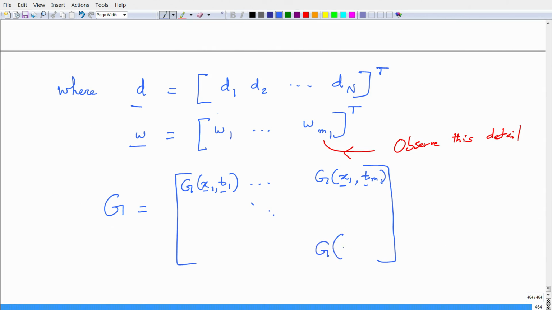So, the last element in this array is G(xn, tm1), and to complete this row I have G(xn, t1). Okay. So, it has n rows and m1 columns, it is an n by m1 matrix. d is my n by 1 column vector and w is my m1 cross 1 column vector.